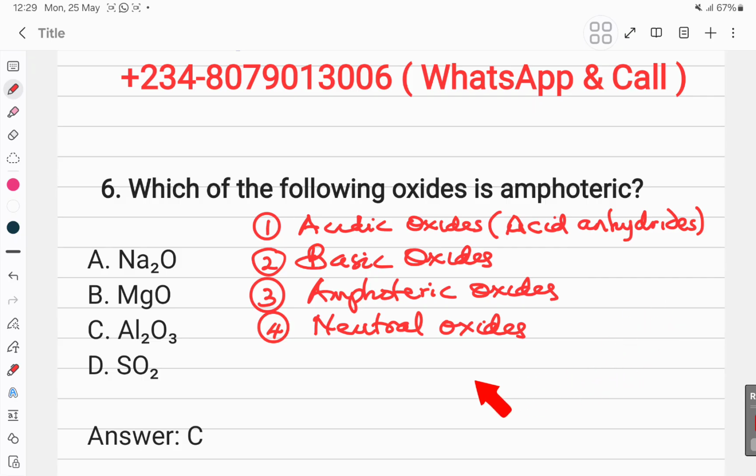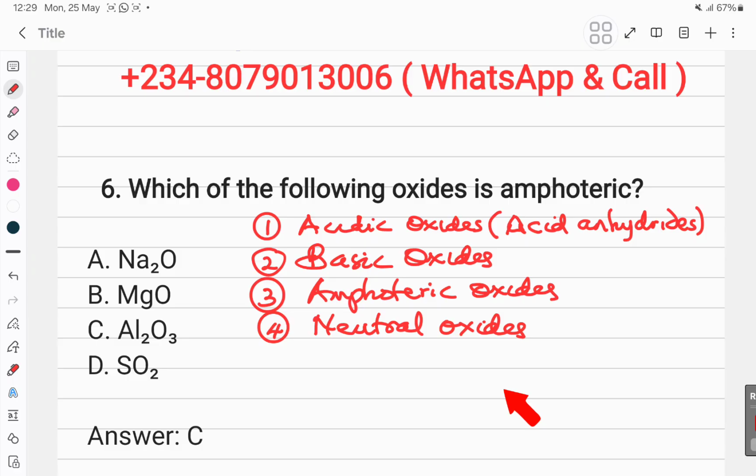We have examples like CO2, carbon 4 oxide, SO2, sulfur 4 oxide, SO3, sulfur 6 oxide, NO2, nitrogen 4 oxide. Those are the 4 main examples: CO2, SO2, NO2, and SO3. They dissolve in water and form acid.